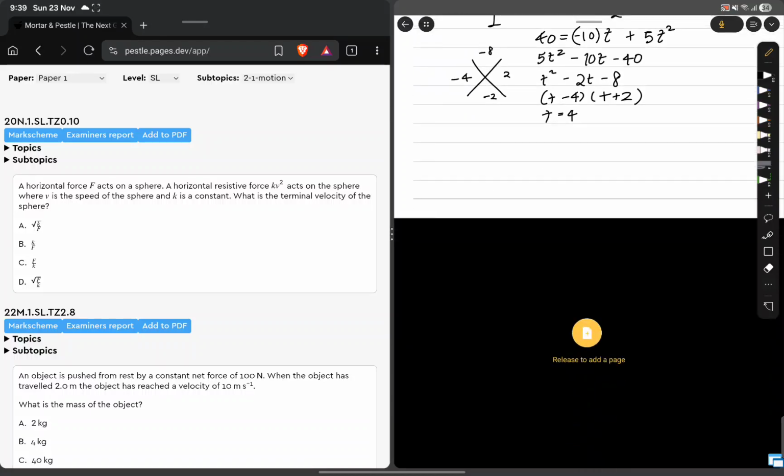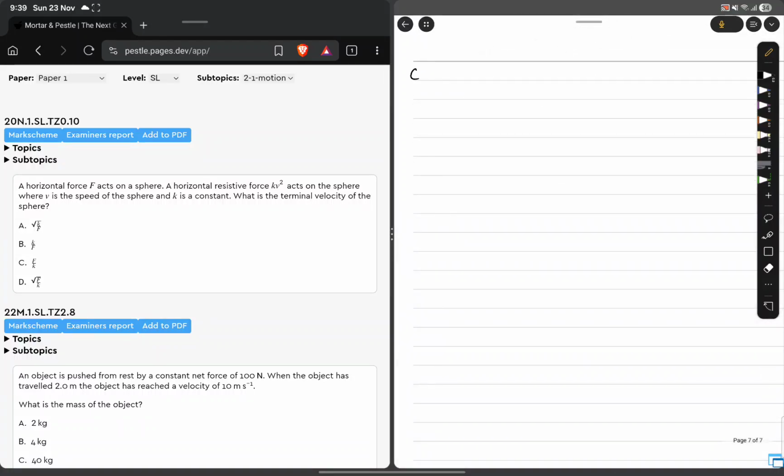Alright, so the next question. The horizontal force F acts on a sphere, okay? And a horizontal resistive force kV acts on the sphere, where V is a speed and k is a constant. What is the terminal velocity of this sphere?